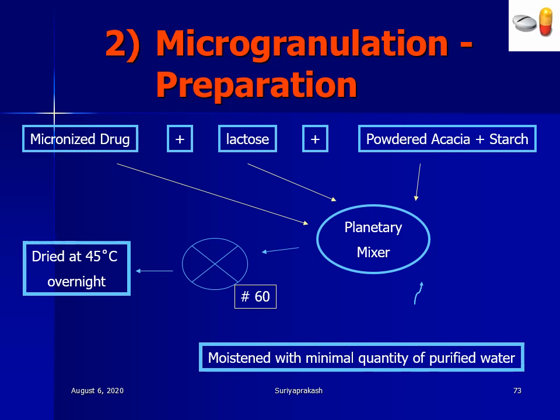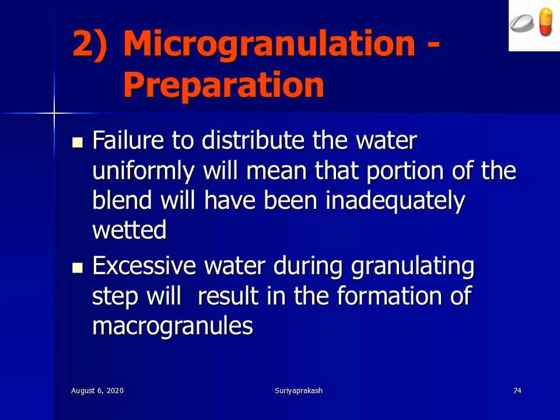Set it at 45 degrees centigrade and leave it overnight. Next day, again pass it through sieve 60, so any agglomerates that are there will be broken. You will get smooth, freely flowing micro granules.